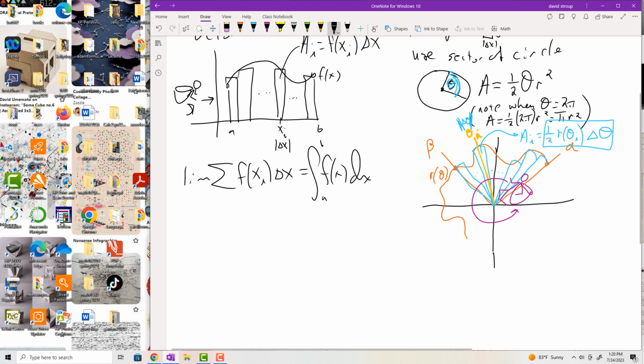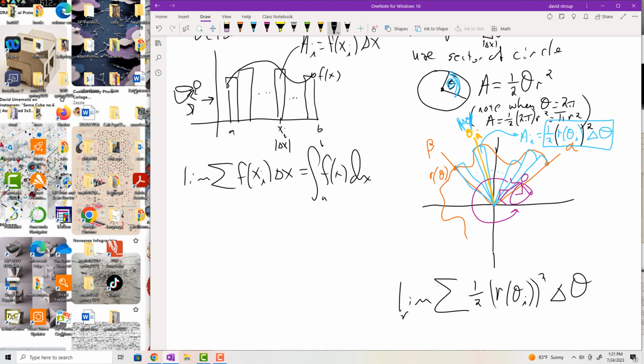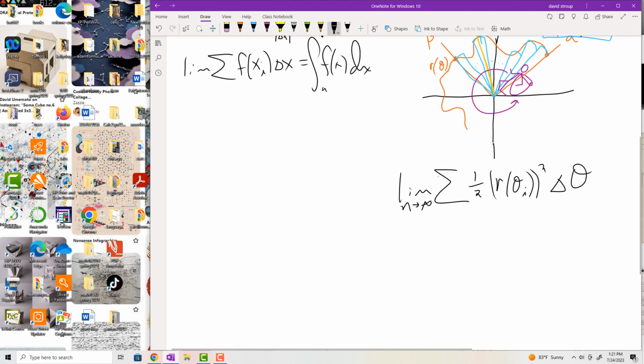Okay, so anyways, Riemann person is adding up all these values. So it's a sum of all these 1/2, and I really should have squared this expression. So 1/2 r of theta sub i squared times change in theta, and then we are limiting this, making those wedges as small as possible, and then this will turn into our integral du jour, the integral from alpha to beta of r of theta.